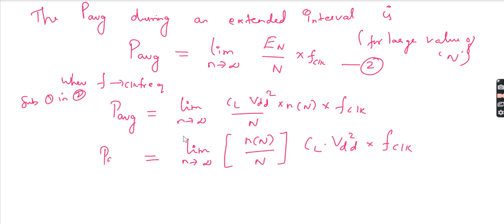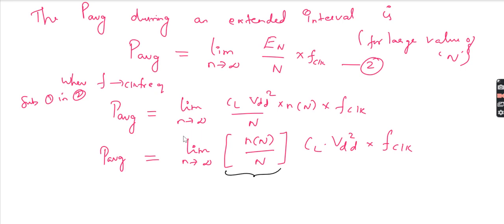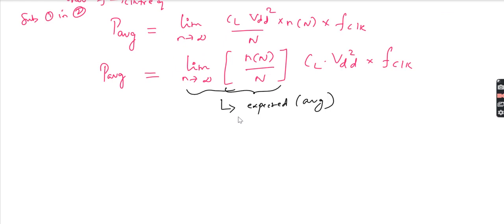Now what about this term actually? This whole term, n of N divided by N, gives us the expected or average value of the number of transitions per clock cycle.